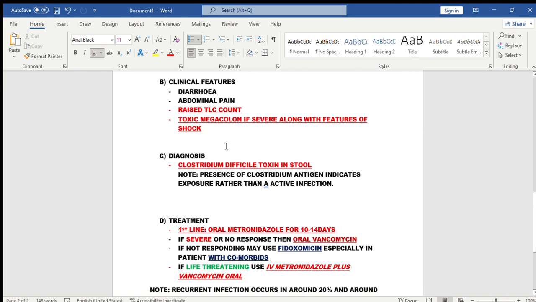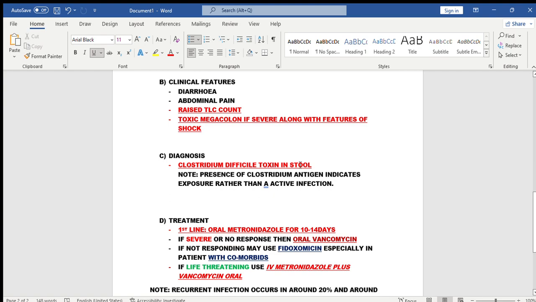Now, how do you diagnose it? This is another important question. From the clinical features, you will get a question on raised TLC count. Now, if you see someone with crampy abdominal pain, diarrhea, raised TLC count, admitted to hospital, receiving antibiotics, always think of Clostridium. Now, for the diagnosis, we do something called a Clostridium difficile toxin in the stools.